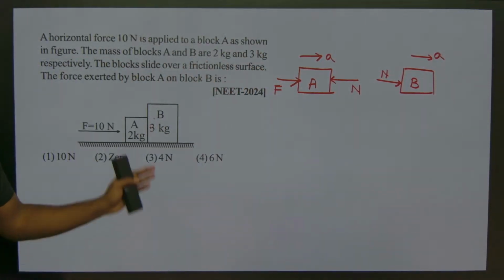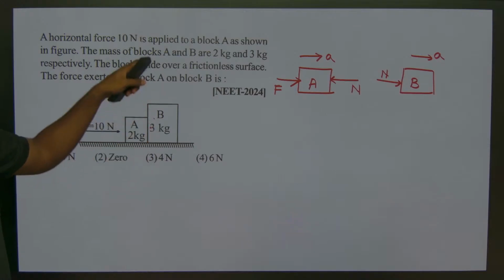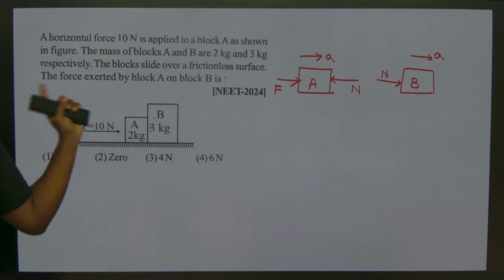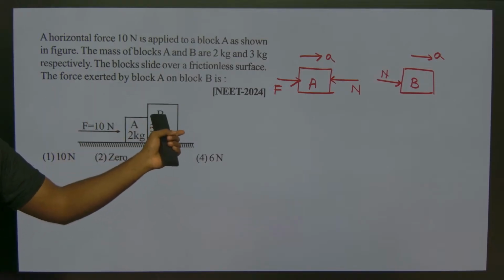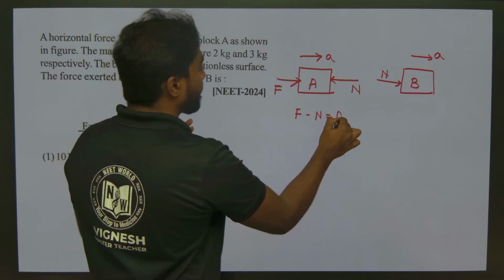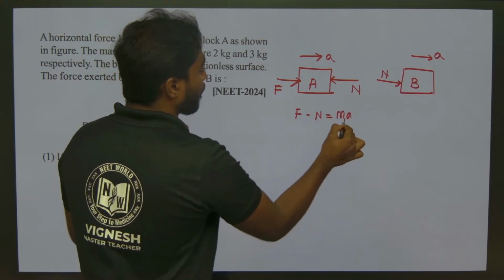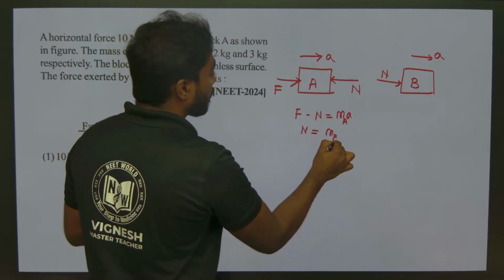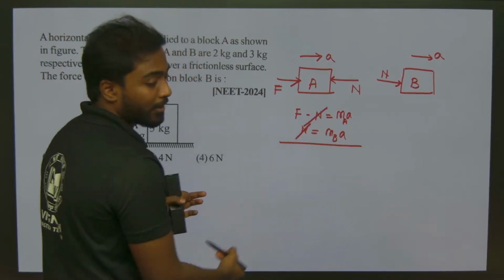There are no other forces, so the y-axis will be in equilibrium. It won't move, it only goes in the x direction. So F minus N is equal to mass into acceleration, m1 a. And N is equal to mass of B into acceleration. When I add both of them, N will get cancelled off.